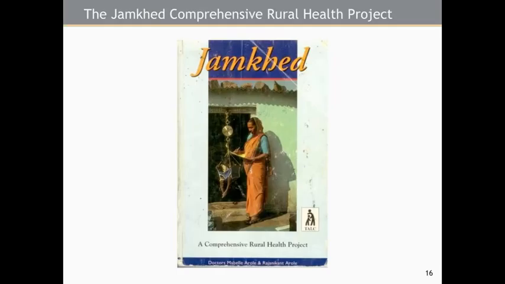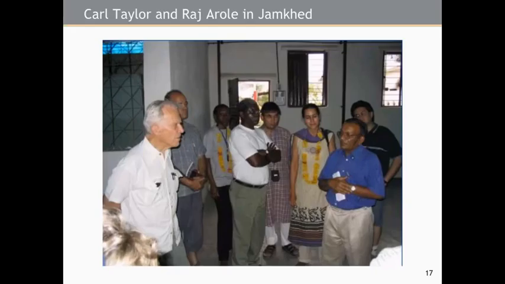The first of these is the Jamkhed Comprehensive Rural Health Project, established in 1970 by Maybelle and Raj Arole, who were students in our school, and went back to their home country in India and started a small project initially that has grown in stature and has gained widespread admiration and respect all around the world.